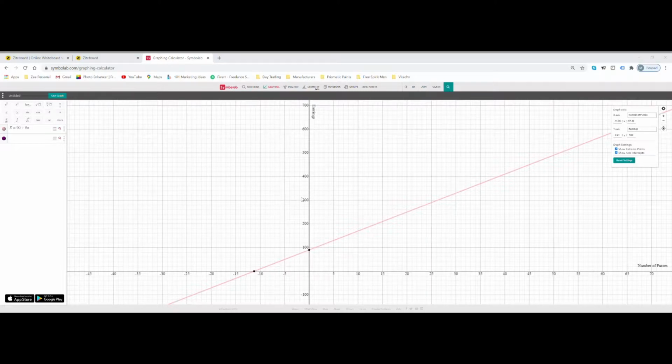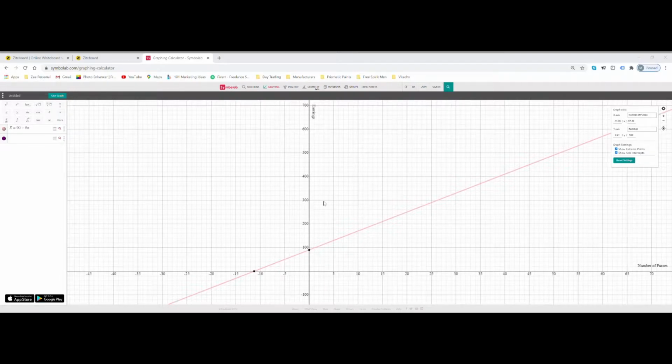So label each axis with the proper function variable and subtitle. Here the total earnings would be in dollars, and the x-axis, which is the number of purses, doesn't have a unit, so it's just the number of.